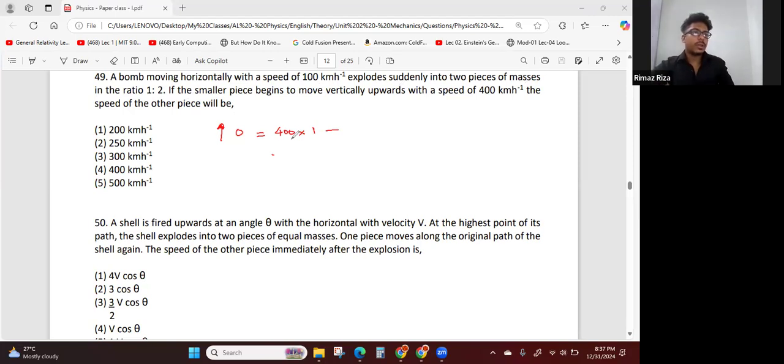So I take 400 into 1 equals V into 2. That means if this one's speed is 10, this one's speed is 20. So no need to write it all, you can just take 1 to 2, because you divide when you take it to the other side. So therefore we have V equals 200. So the first one is correct.